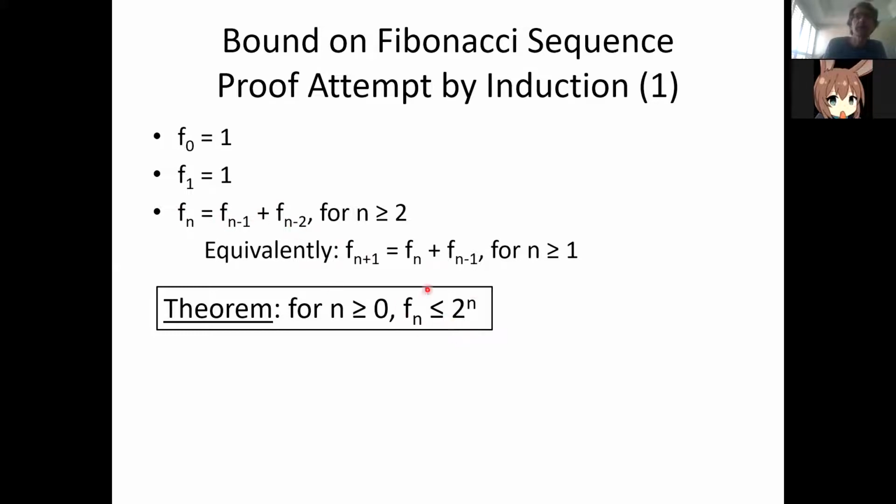Okay, so let's have some theorem about it. Namely, that the Fibonacci sequence grows less than exponential base 2. Okay, this is maybe intuitive, because if you just took the previous one twice, you would get an exponential series.